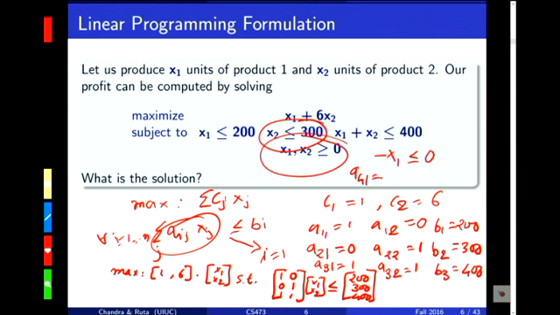Minus 1, right? Because the coefficient is minus 1 here when I say less than or equals. And A42 will be 0 and B4 will be 0. So here there will be another row: minus 1, 0, and here it will be 0. And there will be one more actually for x2, which will be 0, minus 1, and here it will be 0.